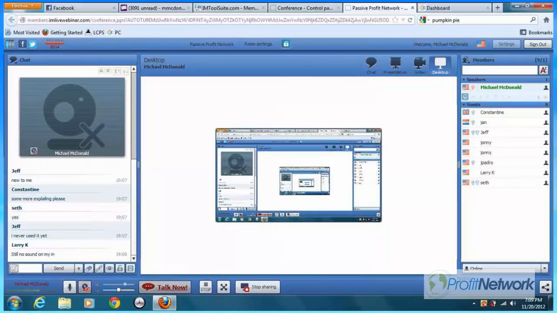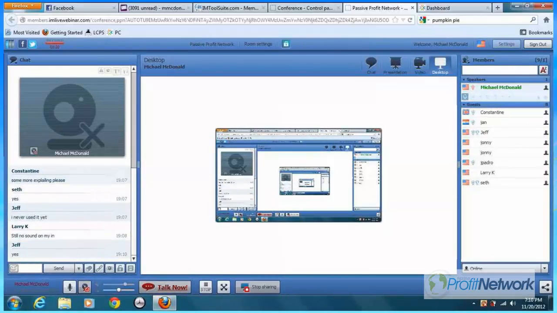If this is X'd out, then you're not going to have sound. So you have to adjust this bar right here, that's going to adjust the sound on your end. So that's probably what's going on. Everybody else, I believe, can hear me, right? We're all good. So try that, Larry. If that doesn't work, you may have to just catch the recording, unfortunately. But hopefully that'll fix your problem.